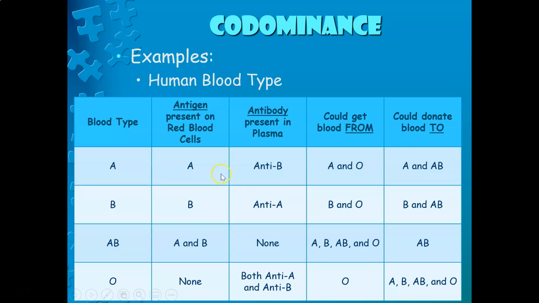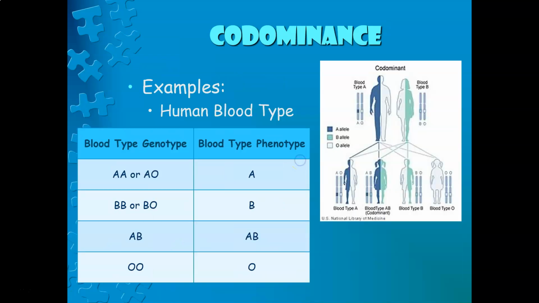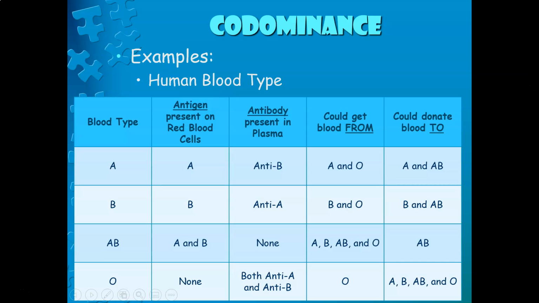So when we look at this, all right, if I'm type A, that means I have A antigens on my red blood cells, so my body produces anti-B antibodies. So what does that ultimately mean then in terms of who I can and cannot get blood from and who I can donate to? So type A, I can get blood from myself or from anybody who has the same blood type as me.